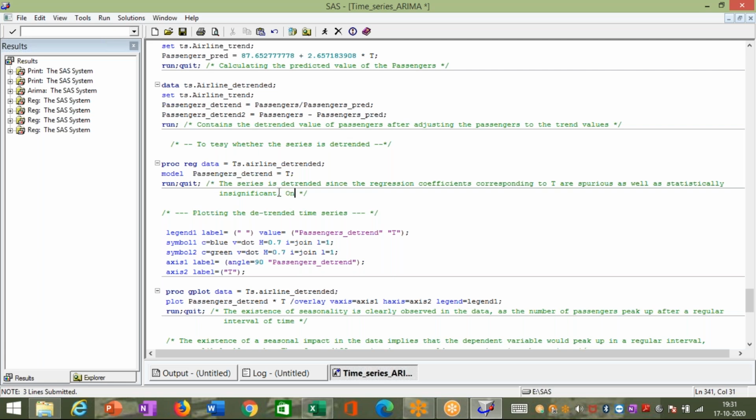So only 2% of the variation is explained by the time series, by the movement. This is the final detrended series.